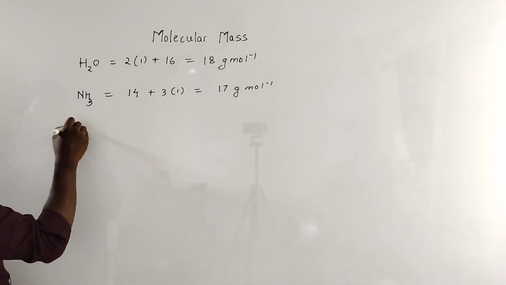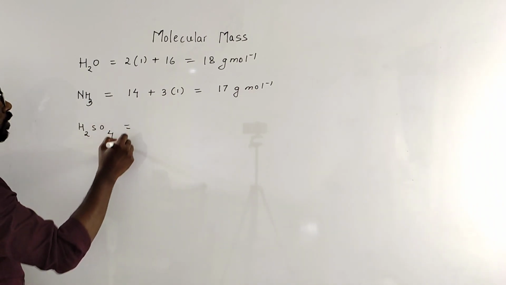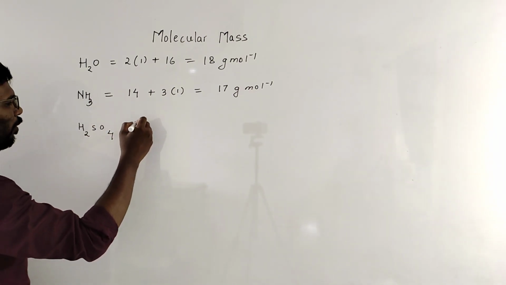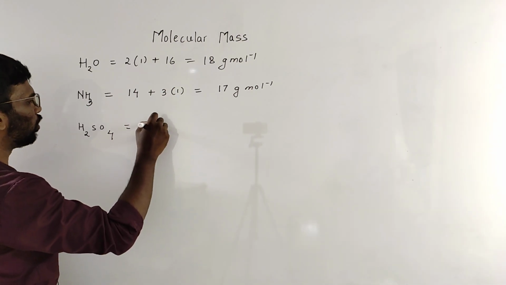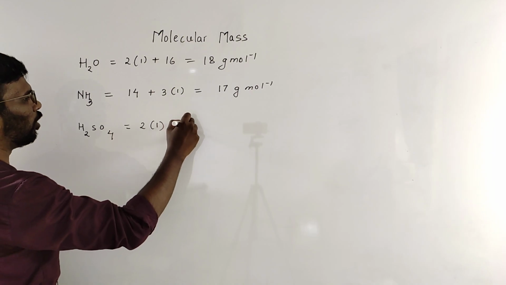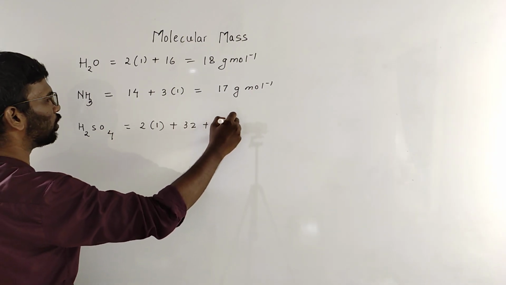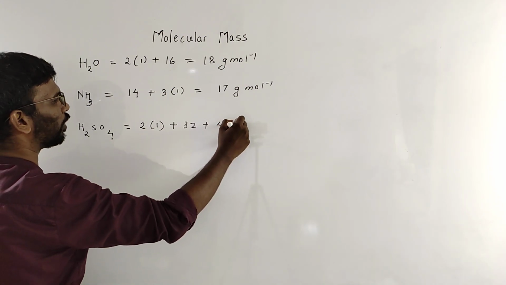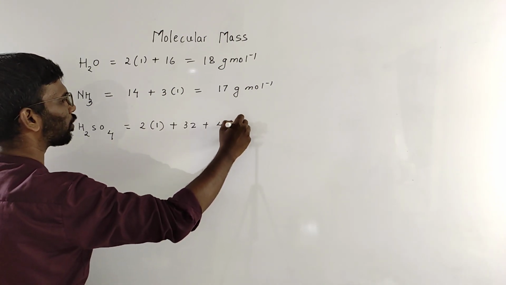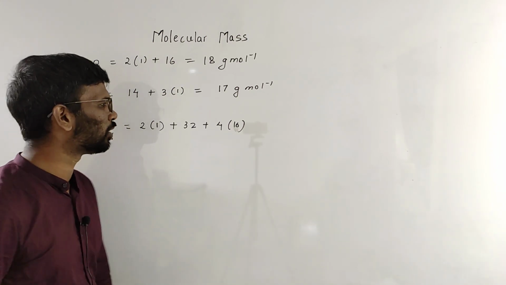Let's take more examples, like H2SO4. One hydrogen is 1 gram, there are 2 hydrogens, so 2 into 1. Sulfur is 32, only one sulfur. There are 4 oxygens and each oxygen, that is, the molar mass of oxygen, is 16 gram.